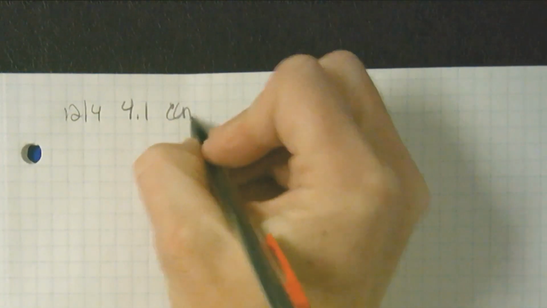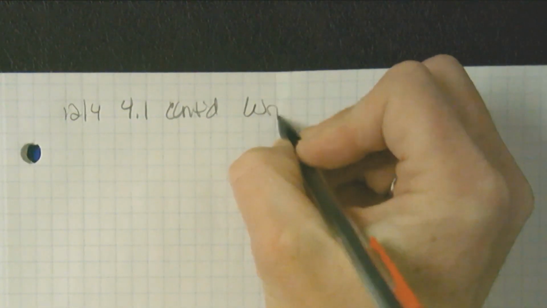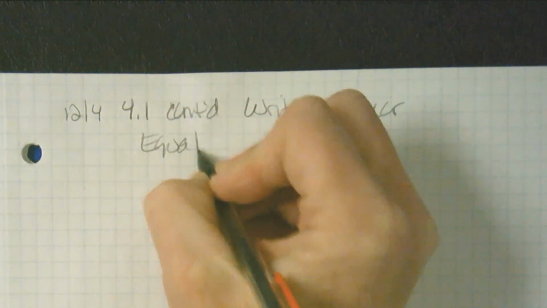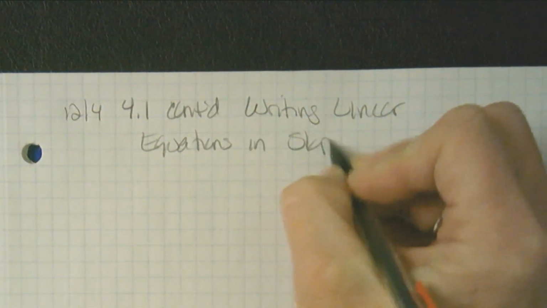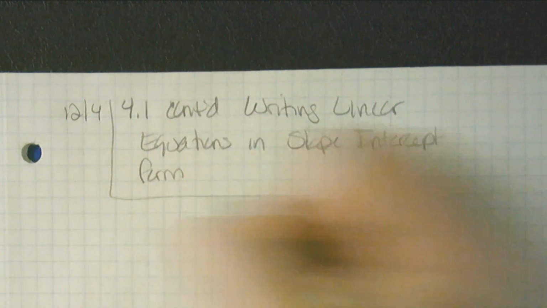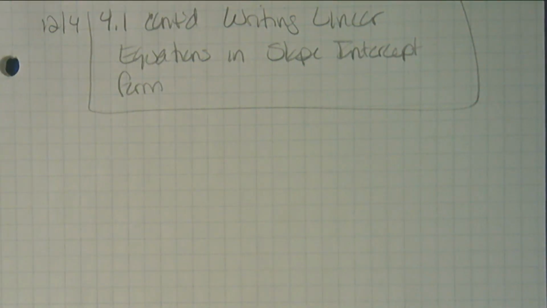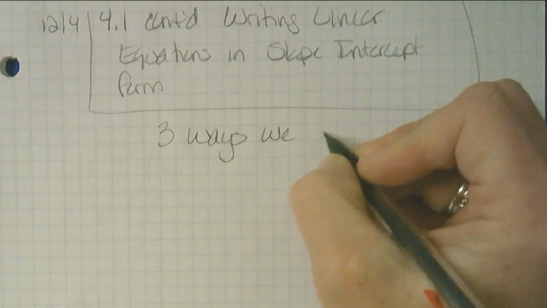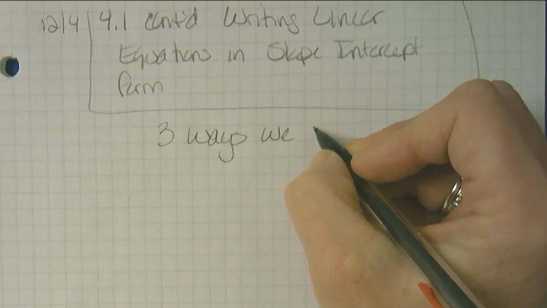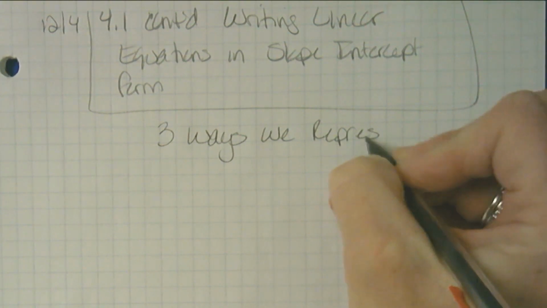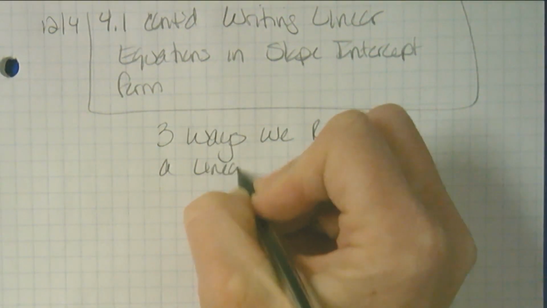All right, so we are continuing on with 4.1, writing linear equations in slope-intercept form. There are 3 ways we can represent a linear function.